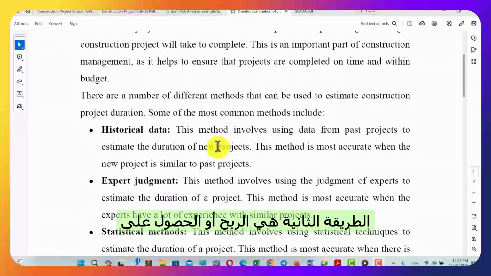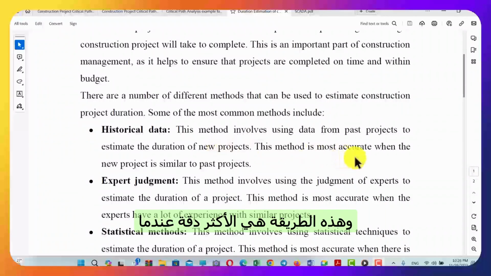The second choice would be to get such data from some other organizations that might be willing to share the information with us, or even sometimes sell the information. And this method is most accurate when the new project is similar to the past projects that we are using their data for analogy or as a reference.